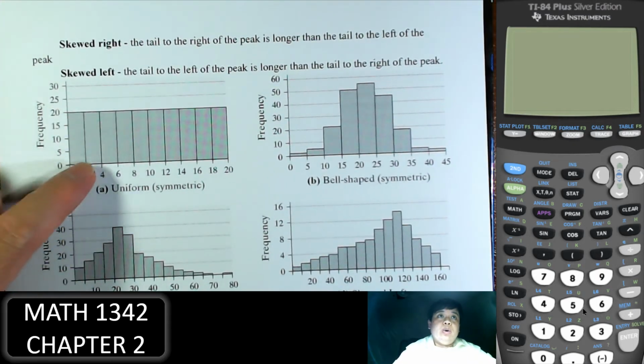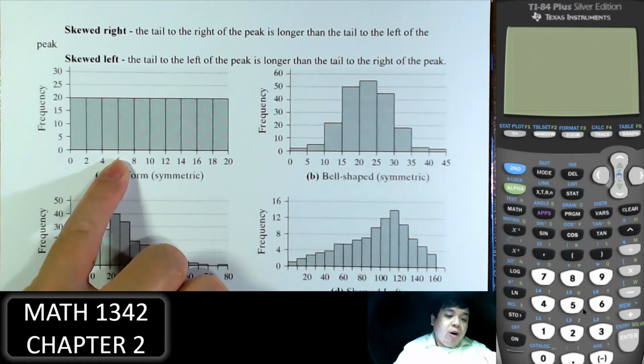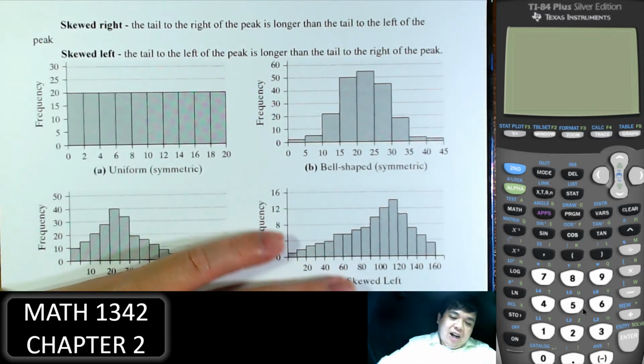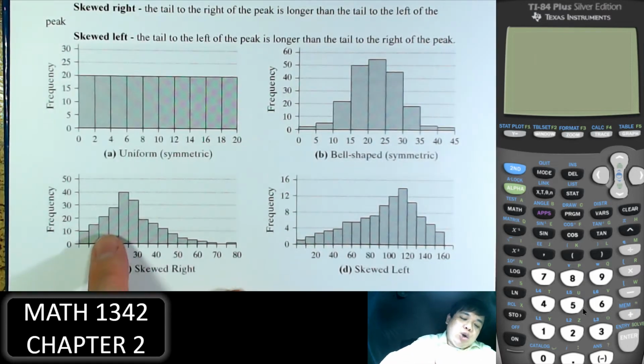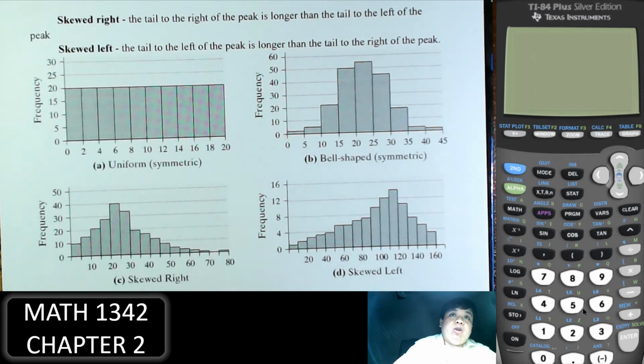Those are the different forms of distribution. Uniform will be kind of flat, not exactly. A bell shape is kind of symmetric, like a bell. Skewed to the right means most of them are on the left, and skewed to the left means most of them are on the right.